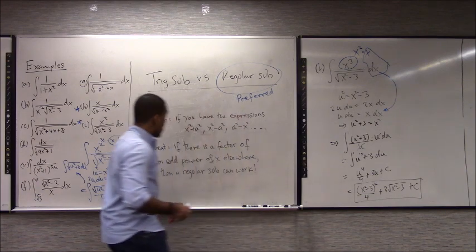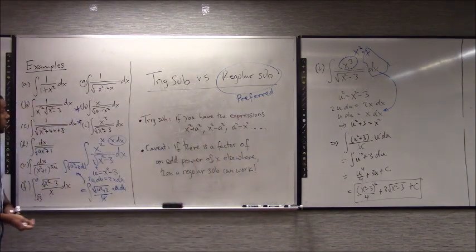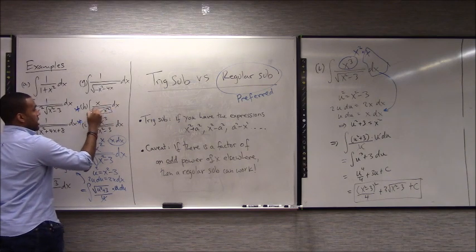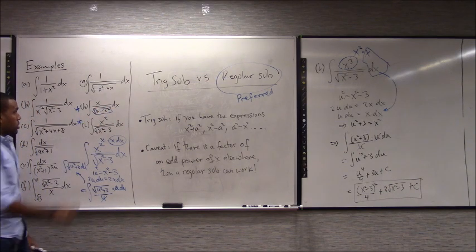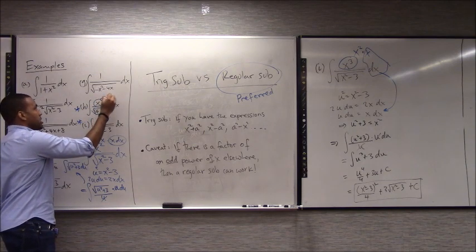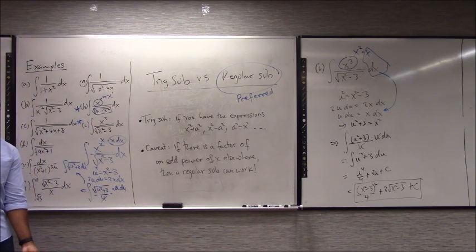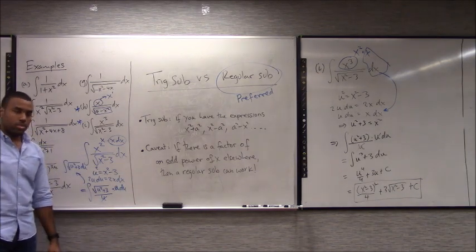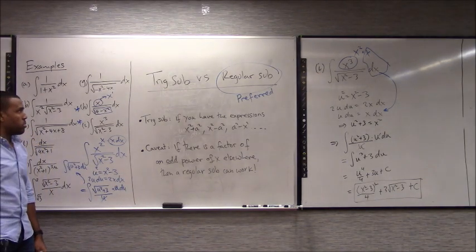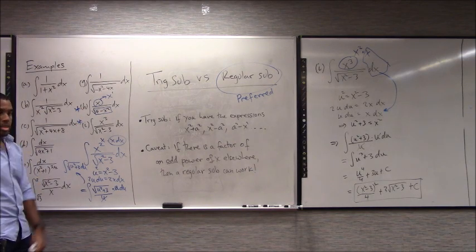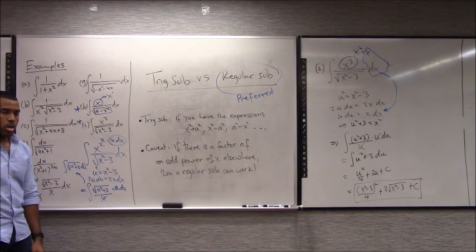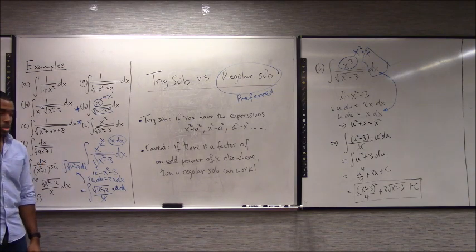Okay. So you look at these two here. This looks like an a squared minus x squared, so I'm like, okay, trig sub could work on this. But look here, I have an x to the first power. 1 is an odd number. This takes effect. So if there's an odd power, a regular substitution can work. That is preferable. I would know a trig substitution could work, but not preferred, regular substitution.